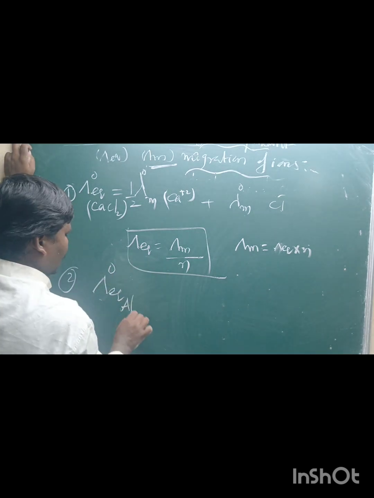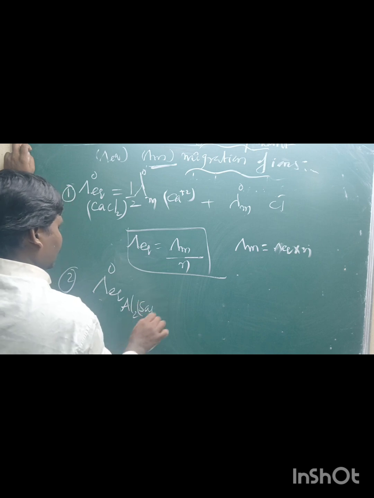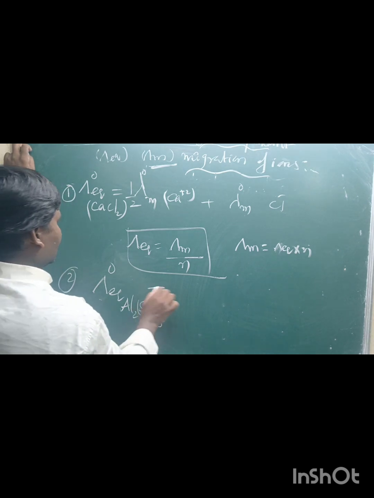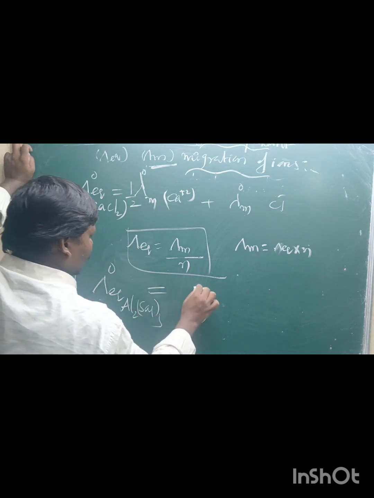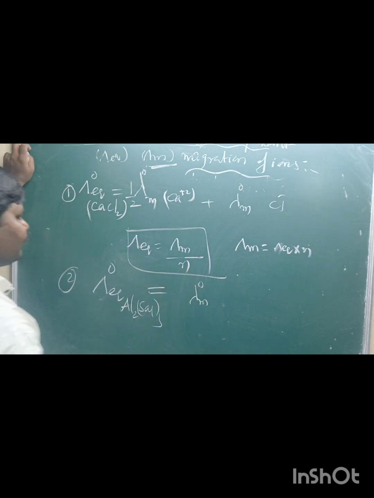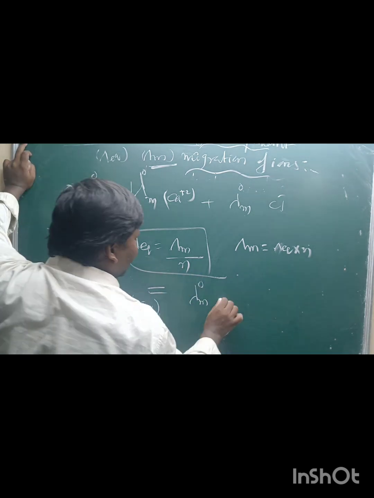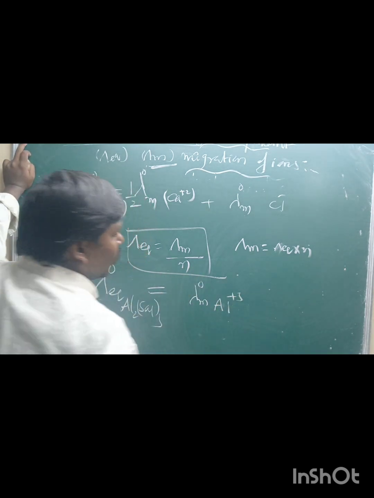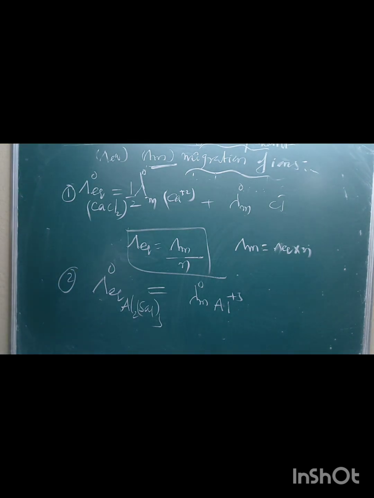For example, Al2(SO4)3 is equal to lambda m naught of aluminum Al plus 3. How many aluminiums are there? 2 aluminiums are there.